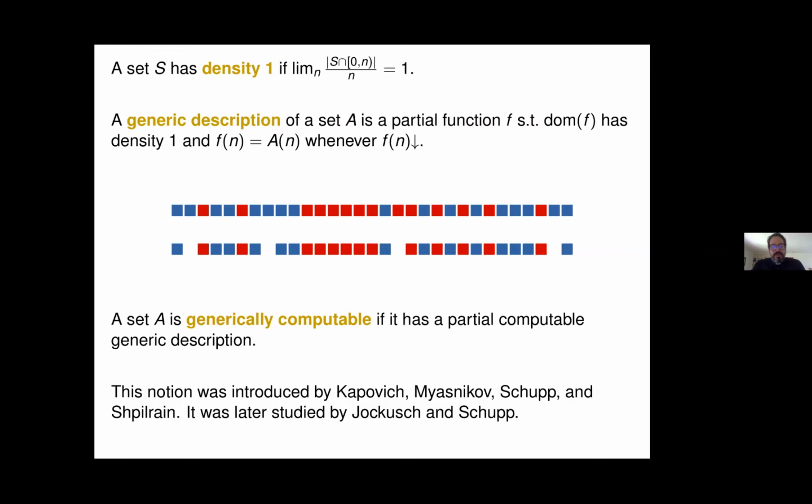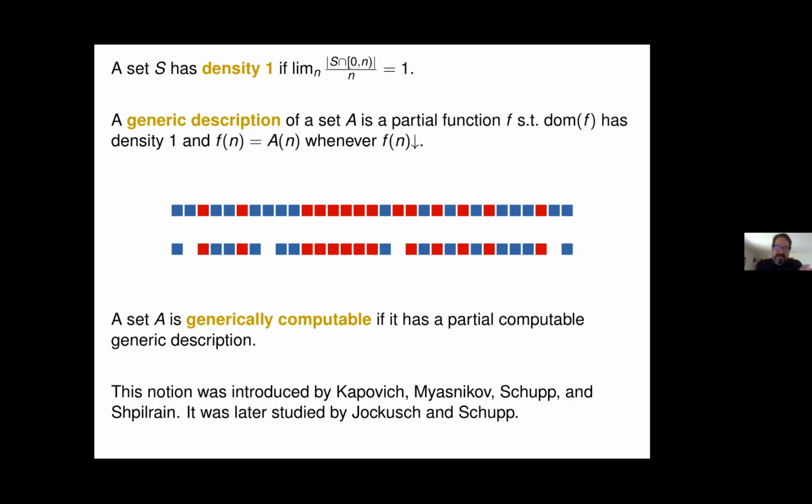So this notion goes back to work of Kapovich, Myasnikov, Schupp, and Shpilrain, and they were looking at problems in group theory. In particular, there's a lot of problems there that are difficult, either in the sense of having high complexity or even of being undecidable. And yet, the cases that generate this high complexity are very sparse.